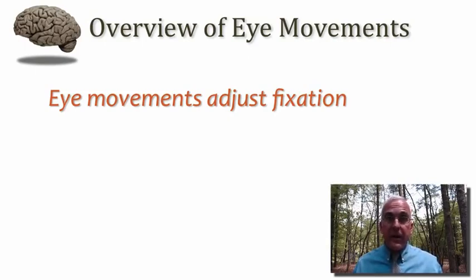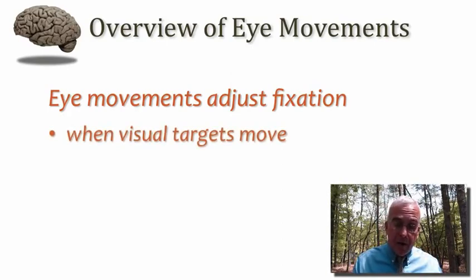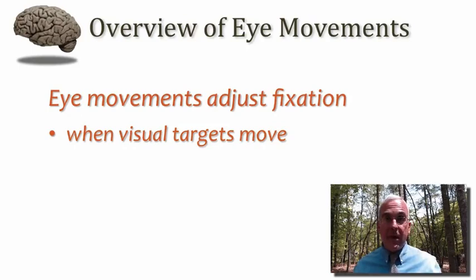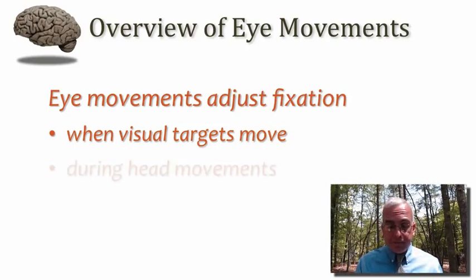So the challenge in observing our visual world with detail is to maintain our eyes on a visual target, even if that target is moving or if our head happens to move. So eye movements adjust fixation when the visual target of interest happens to be moving, such as maybe watching a bird fly across your field of view.